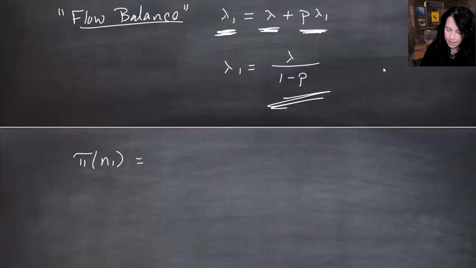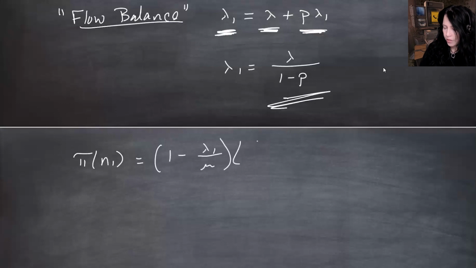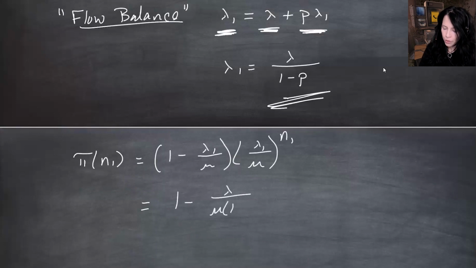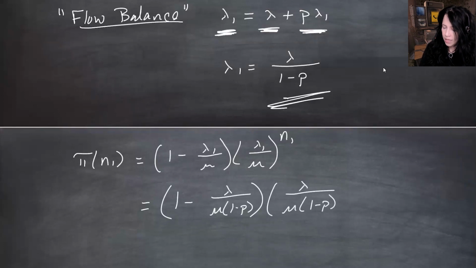So we get 1 minus lambda 1 over mu, times lambda 1 over mu to the n1. You don't need an n1; there's only an n here. I just wanted to make it look like Jackson's network. And this is 1 minus lambda over mu(1 minus P), times lambda over mu(1 minus P) to the n1.